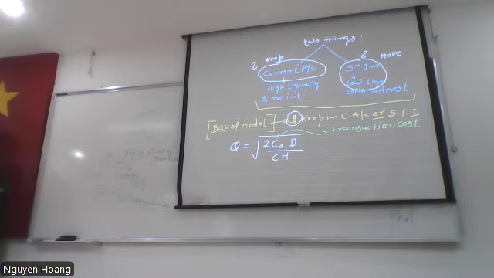D is the demand for cash, day to day. CH is the cost of holding cash. This is the Baumol model.